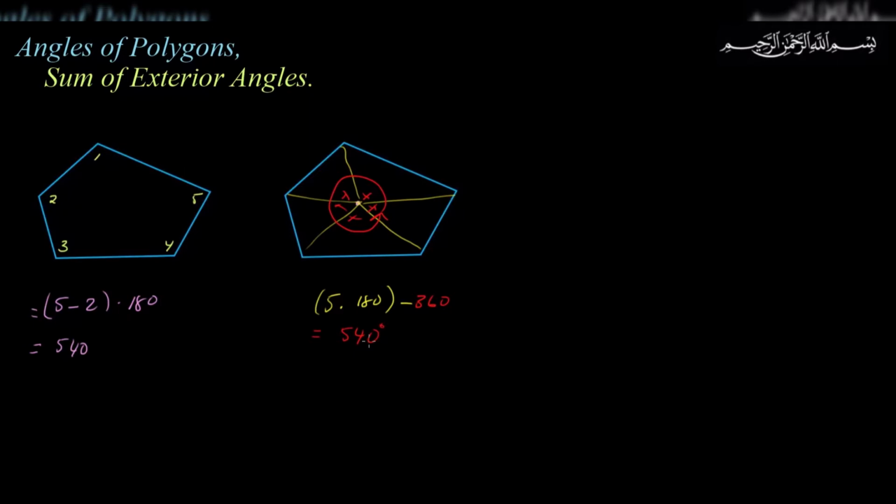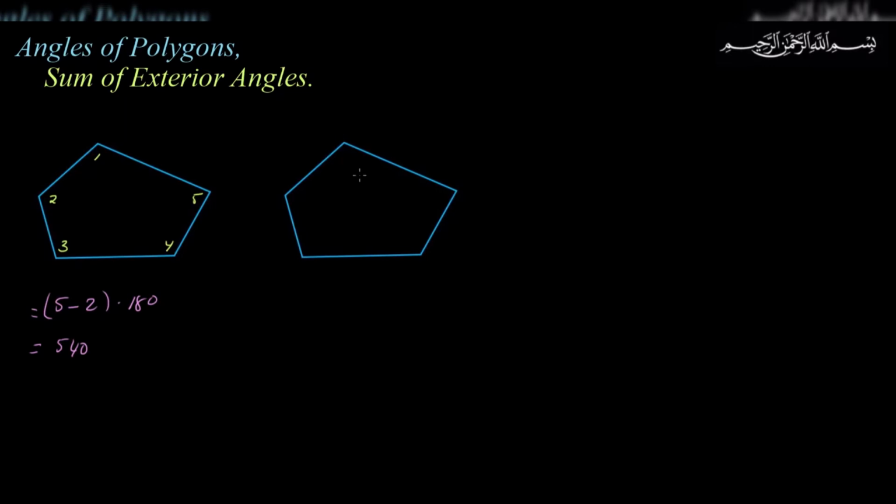So that's what we did last time, and today, however, we'd like to do the sum of the exterior angles. That is, if I were to draw out all the exterior angles here, let me take this particular pentagon, and if you remember, every interior angle has an exterior angle associated with it.